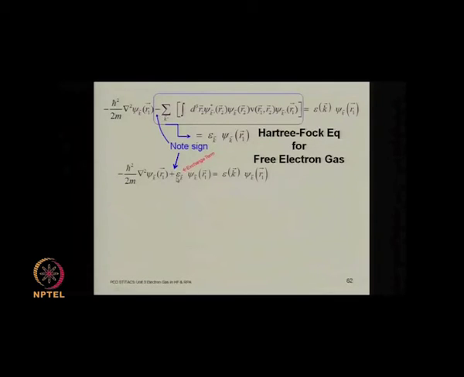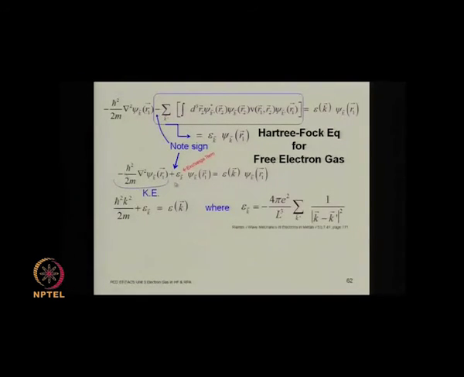It is because we have carried the signs very consistently, and these are the appropriate signs as we should have. You have the kinetic energy operator in the first term, so that will obviously give you h cross square k square by 2m. What else can it give, right? So, you have h cross square k square by 2m plus this epsilon k, both operating on psi k of R1. On the right hand side you have epsilon argument k multiplying the same orbital.